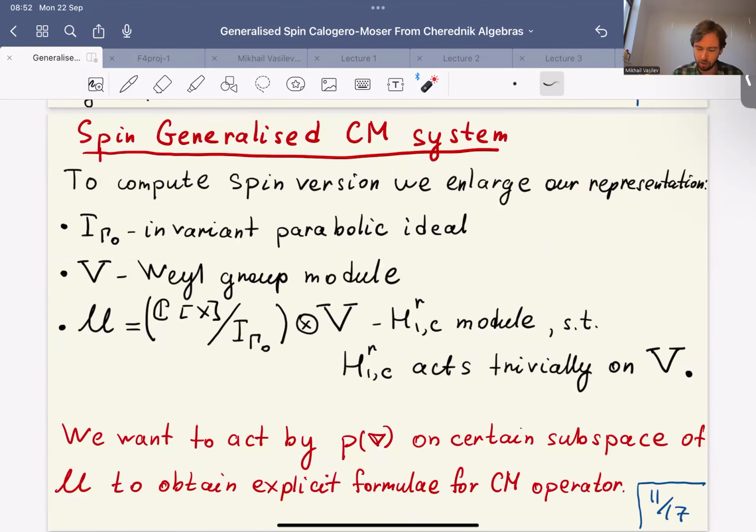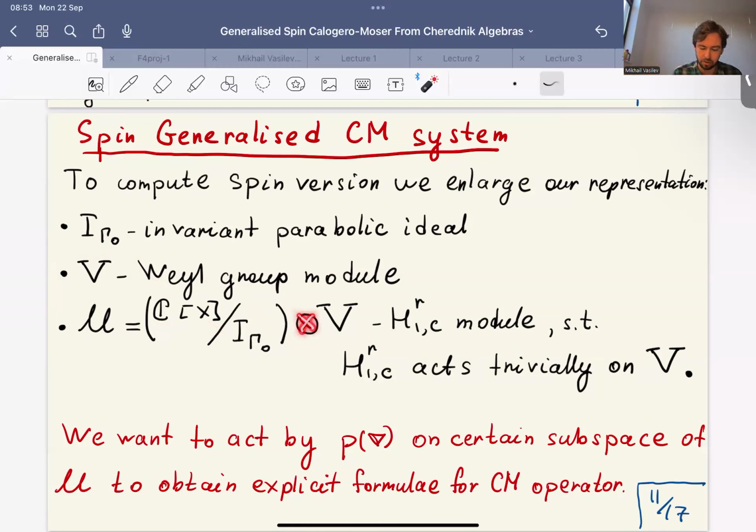So how do we do spin generalized Calogero-Moser systems? We do the same and follow the same line. We take an invariant parabolic ideal. We take a Weyl group module V. What we did before was take the polynomial representation and factor by this invariant parabolic ideal to obtain a representation of the rational Cherednik algebra. These are the functions on the union of planes.